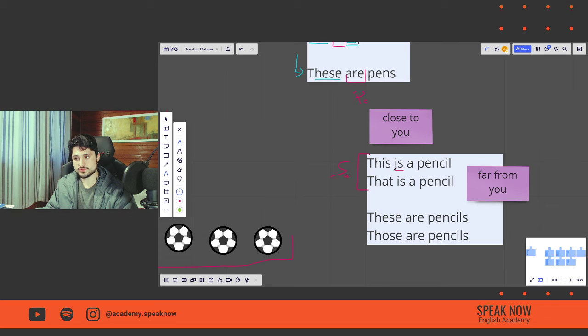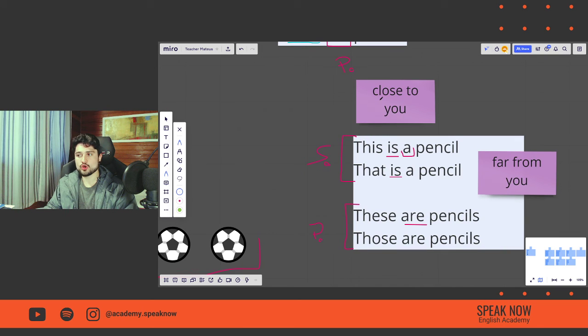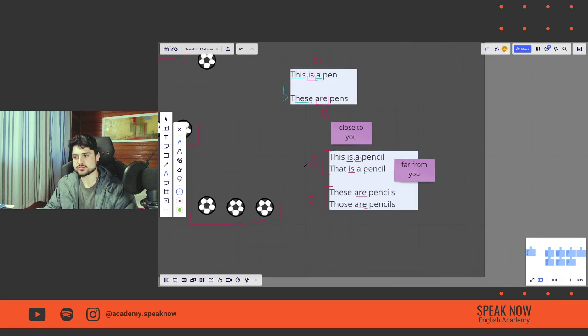Remember this usage of the to be. This is, that is, and then the article. And then finally we get these two possibilities in plural to demonstrate when we are pointing at things, showing things. These are close to you and those are far from you. These are pencils, those are pencils.